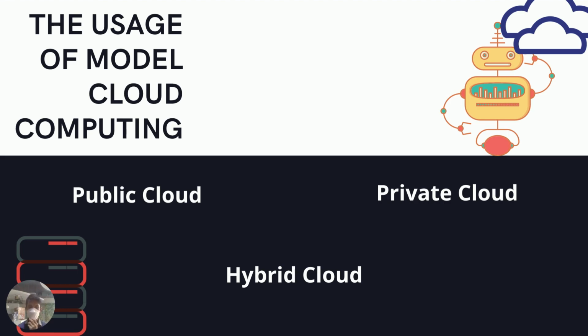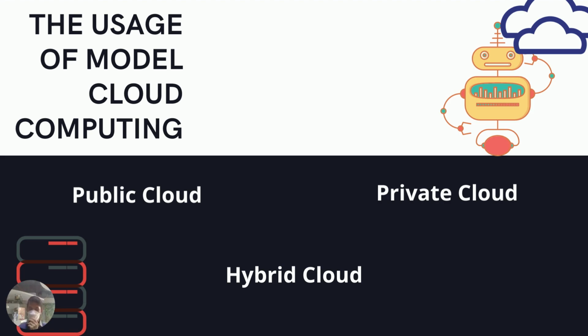But the private cloud is used to fulfill the internal needs of a particular organization or company. The benefit of the private cloud is that our data can be safer because the security is better, and it only relies on the intranet, not the internet.